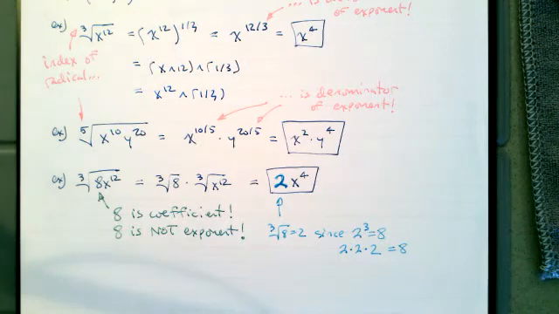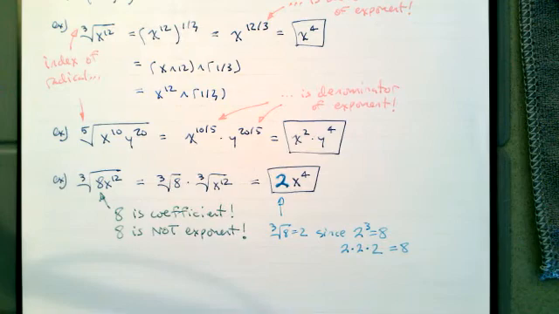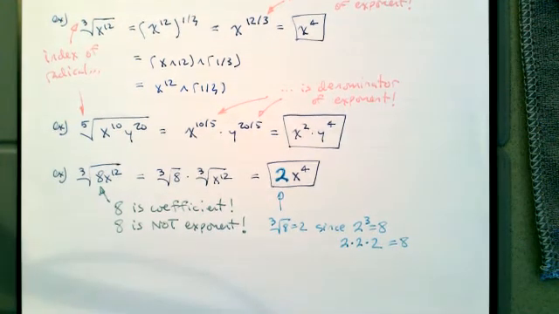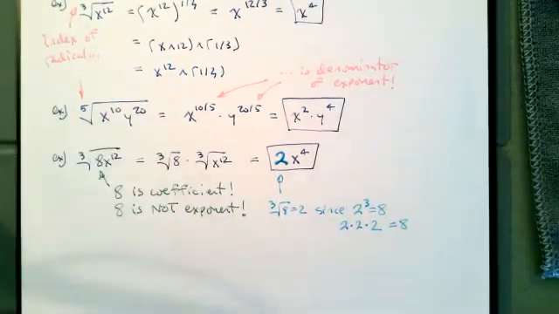So the first go around, I always use multiples of the index. What if the exponent is not a multiple of the index? That's a concern.